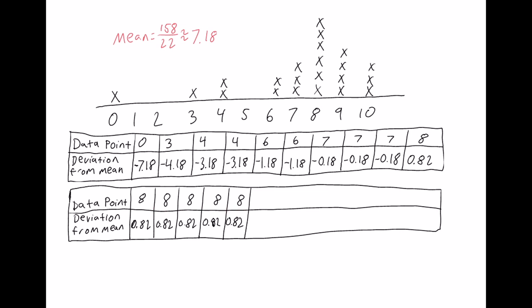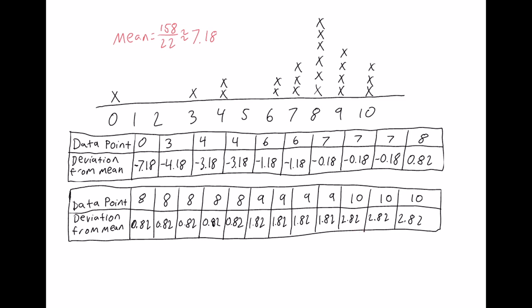And they're all 0.82 away, because they're 8, and 8 minus 7.18 is 0.82. Now we do it with the 9s and the 10s. The 9s had 1.82 away, there were 4 of them, and the 10s, which were 3 of them, had 2.82 away.